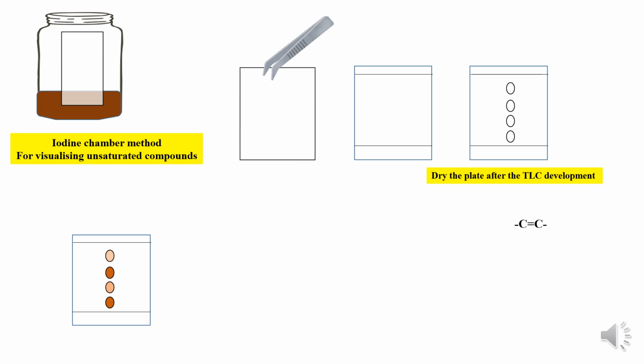And this is because of the sites of unsaturation in the compounds being analyzed. So a complex is formed between the unsaturated sites and iodine. The sample mixture that we are separating has sites of unsaturation like aromatic rings in the case of phenylalanine and tyrosine.